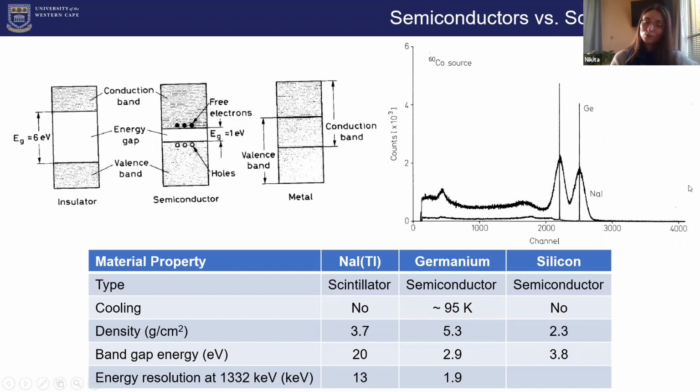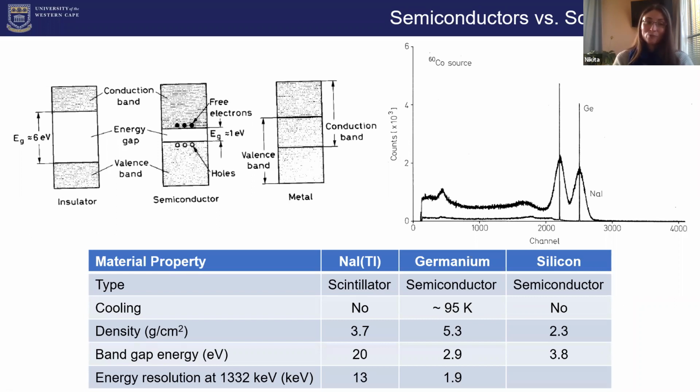If you are more interested in the detection efficiency, of course, the scintillators will have a higher detection efficiency. However, the resolution will not be as good. So depending on what you want to measure, you want to choose your detector carefully, either a scintillator, a semiconductor, or any other type of detector.